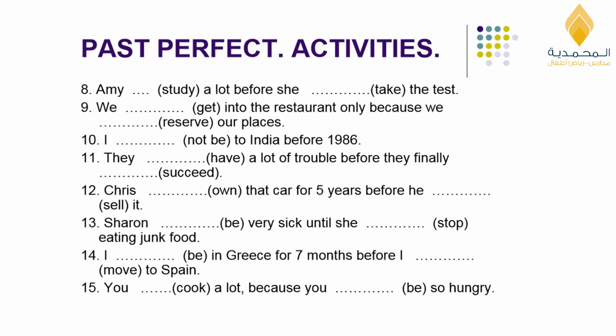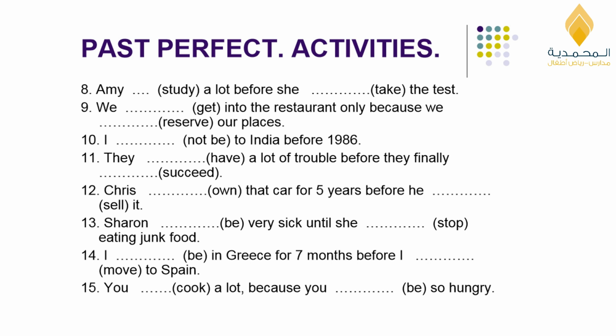Number 9. We got into the restaurant only because we had reserved our places. Number 10. I not been to India before 1986, and the answer is I hadn't been to India before 1986. They have a lot of trouble before they finally succeed, and the answer is they had had a lot of trouble before they finally succeeded.